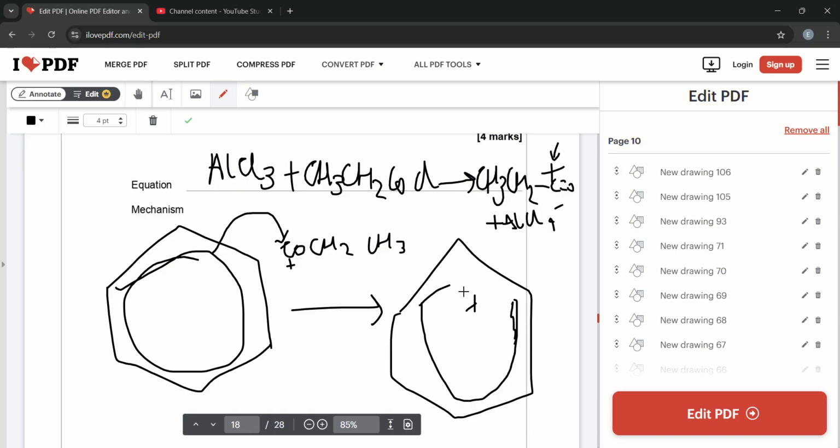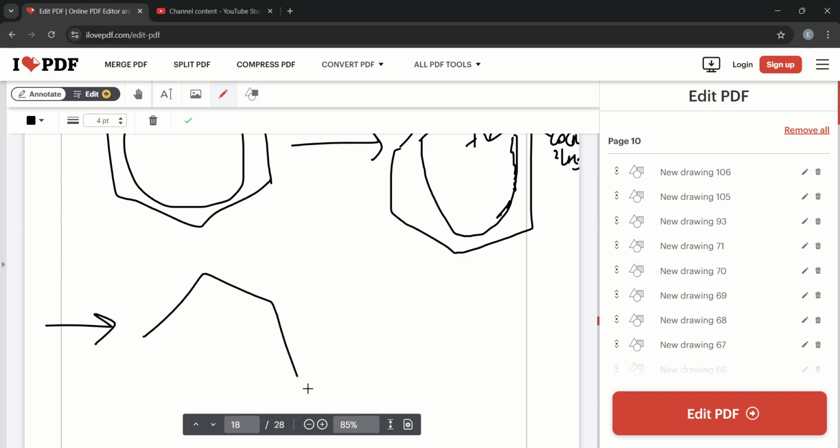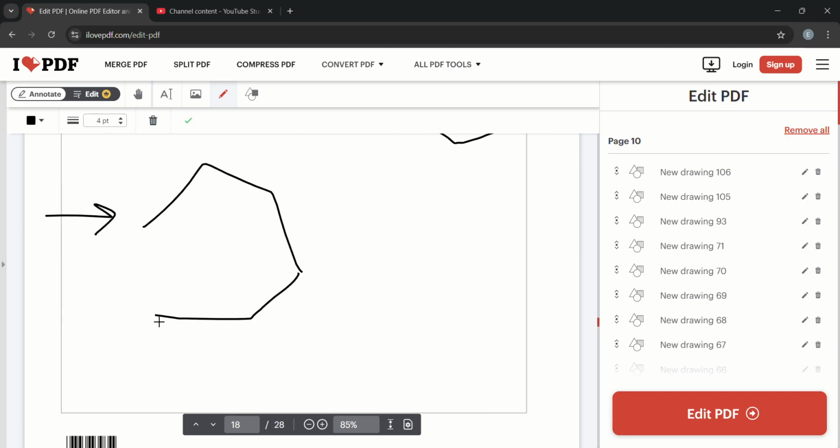Yeah, the horseshoe ring probably should be here, and now it's bonded to a hydrogen and a CH2CH3, and then from the middle of this hydrogen to the positive charge, and now what happens is you've got this kind of structure.